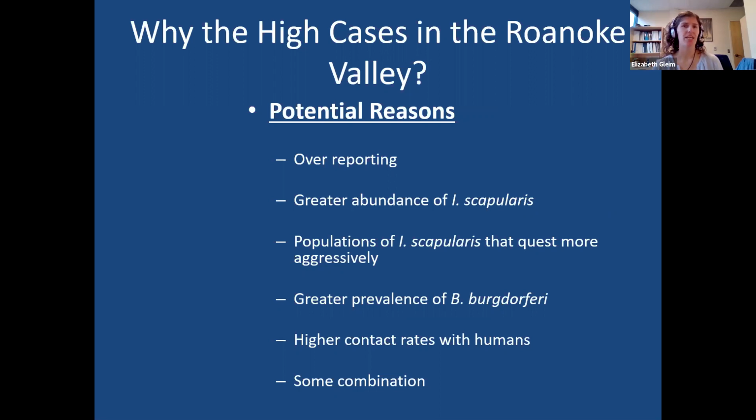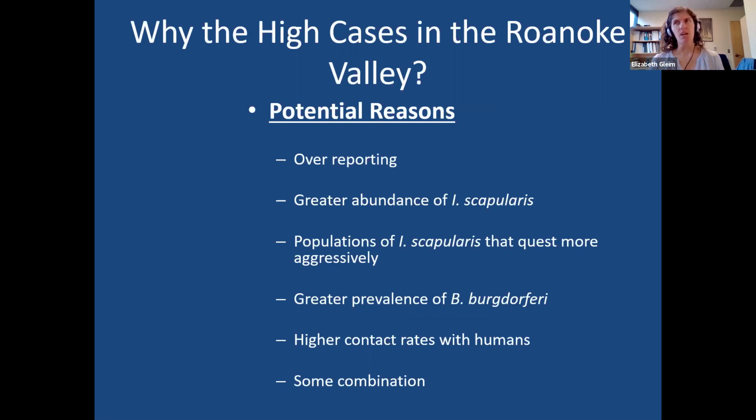For example, if we simply have individuals who are spending more time outdoors and/or in the woods, which may be something that's playing a role here in the Roanoke Valley that I'll talk a little bit more about later. And the other option, which is probably the more likely option, is that there could be a number of things happening here in this region that are leading to the high case incidence that we're seeing here in southwestern Virginia.